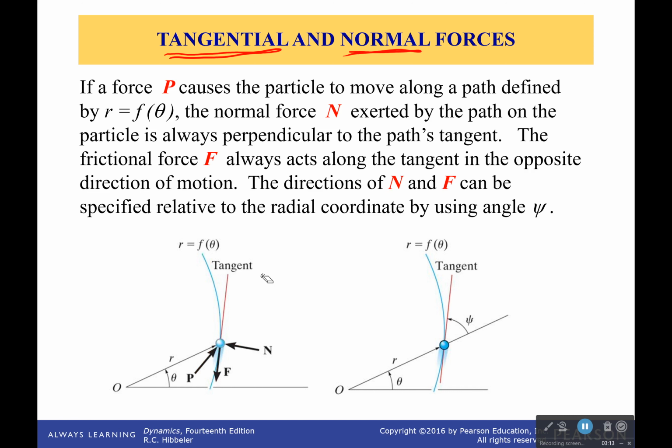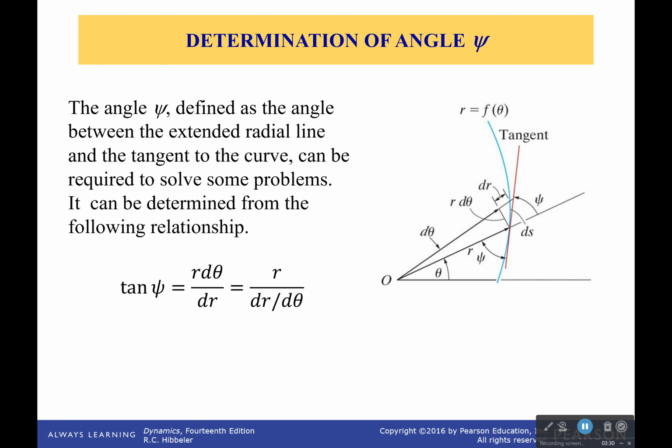And so it would be very, very helpful to know, well, what is this angle between my tangent at that current moment in time and my radial direction? What is that angle? We call this angle psi. Now this has a nice little equation right here.